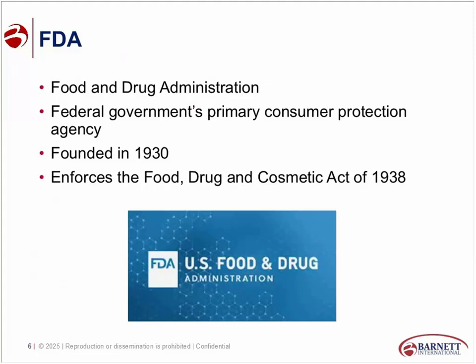Oftentimes the recalls occur because the FDA has gone in and found some objectionable practices or objectionable findings that have to be corrected. And so FDA is more than just drugs, pharmaceuticals, devices. It goes into food and such, and that's why you see a lot about the FDA. Now, it was founded in 1930. It enforces the Food, Drug, and Cosmetic Act of 1938.